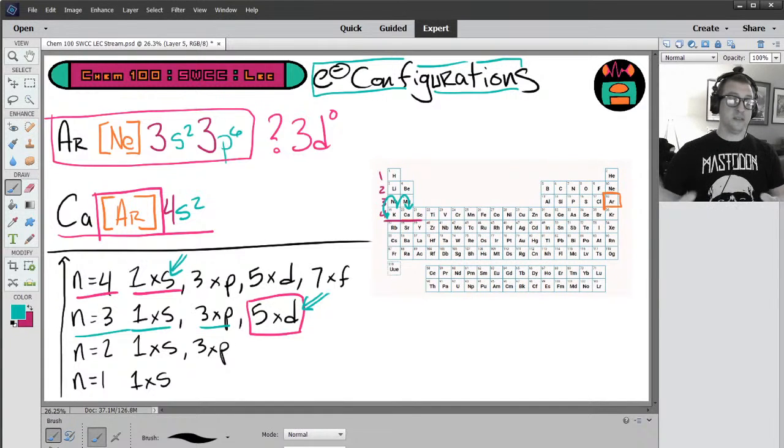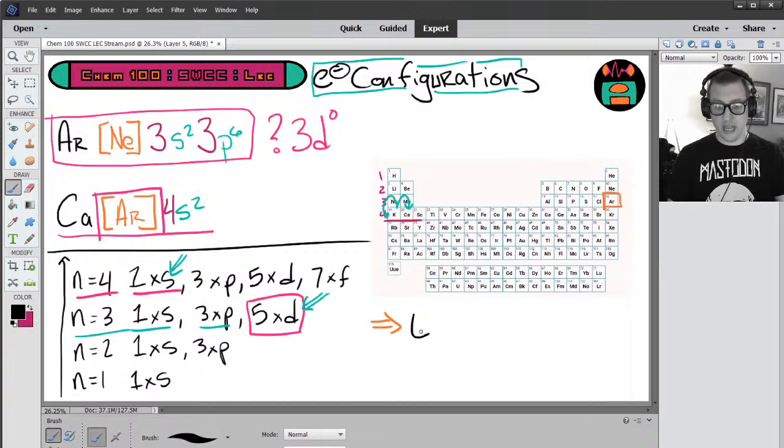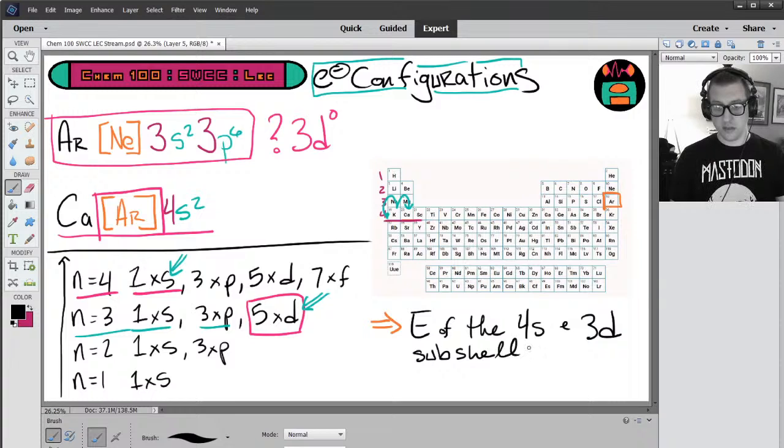Why is that the case? Well, it turns out that the energy levels for the 4s subshell and the 3d subshell are very, very, very close. The energy of the 4s and 3d subshells are close.